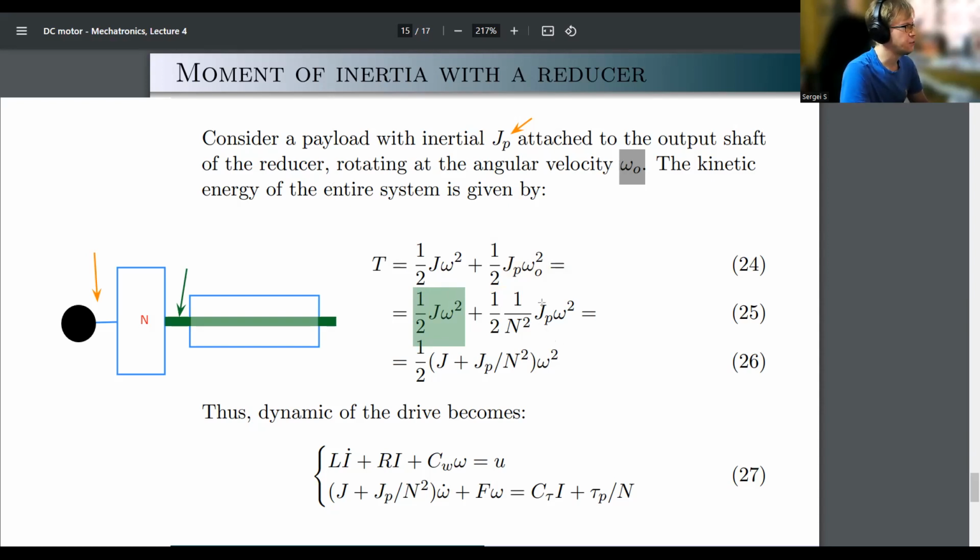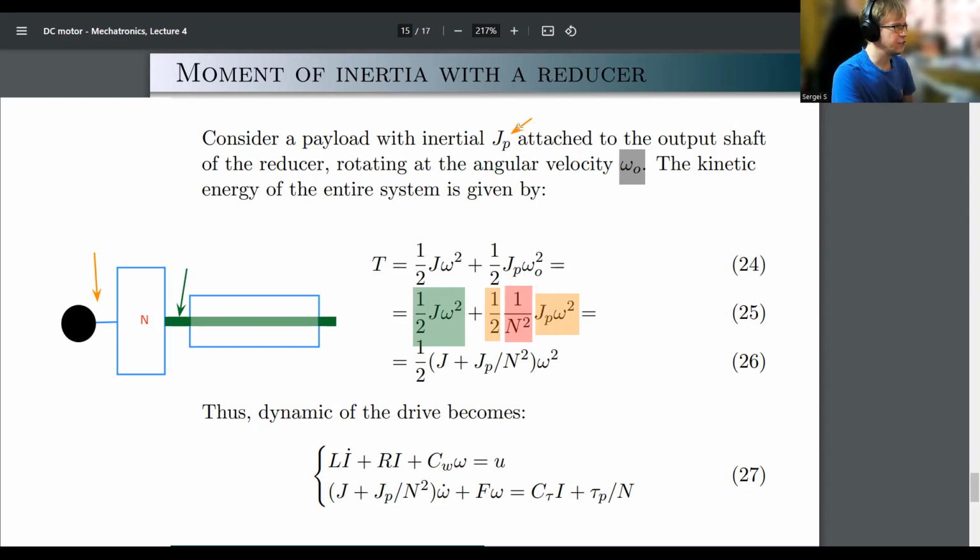But the equation for the output shaft we transform by replacing omega sub O by omega over n. So we have n squared here, and we have everything else the same, right? This is the same equation as before, just with divide by n squared. But now it is omega, not omega sub O. So now it is the same variables, okay?